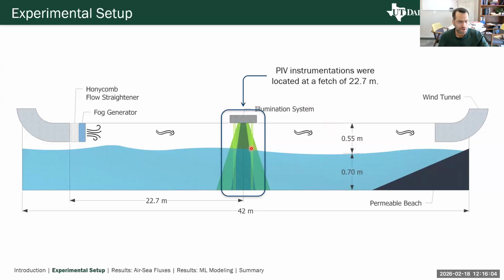The particles that we are using here are fog particles. We have a fog generator that puts fog particles into the air, and then we use a laser to illuminate these particles and take a photo of that. This technique is called particle image velocimetry, and it's the main experimental technique that we have used for these experiments.